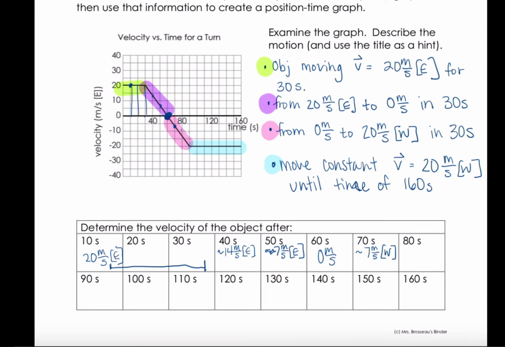Okay, for 80 seconds, it's not quite to the -15, so let's say 13 meters per second west. Okay, and then at time 90, that's when they hit 20 meters per second west, and they're going to continue that for the remainder of the time.